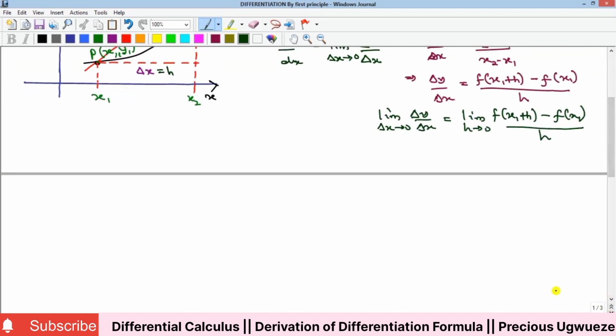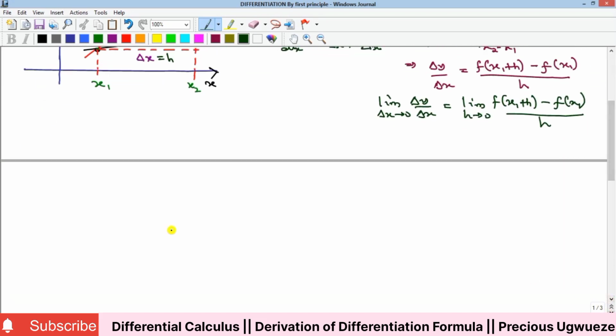Then I'm going to have that my dy/dx is equal to the limit... but this is the derivative of this function at point x1, sorry. Now, what if we want to find the derivative at an arbitrary x?